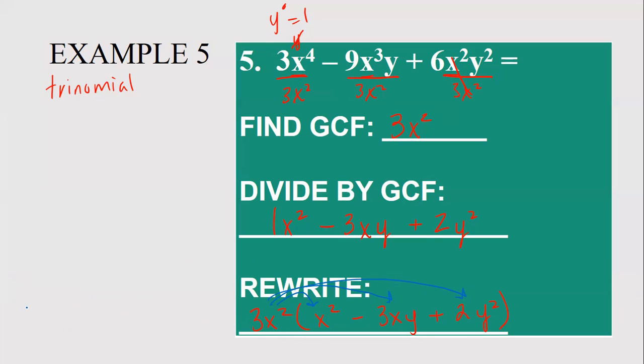So 3x squared times x squared is 3x to the 4th. 3x squared times negative 3xy is negative 9x to the 3rd y. 3x squared times 2y squared is 6x squared y squared. So I can always check myself if I'm unsure about my answer.